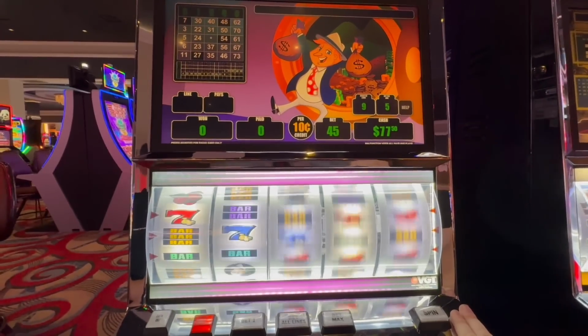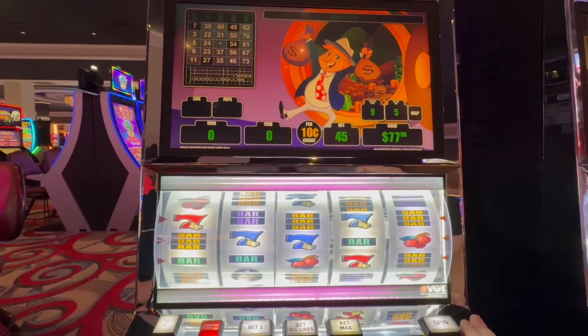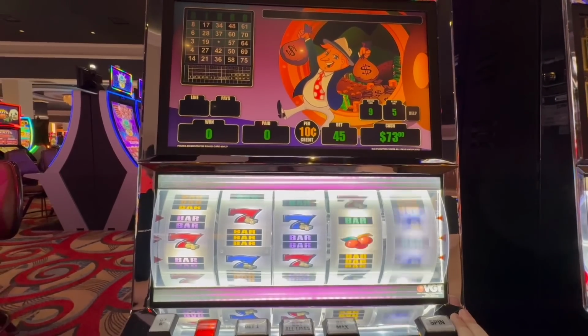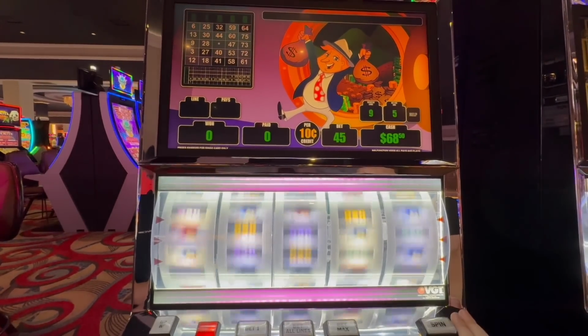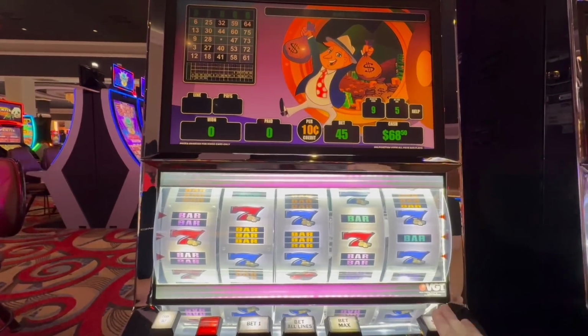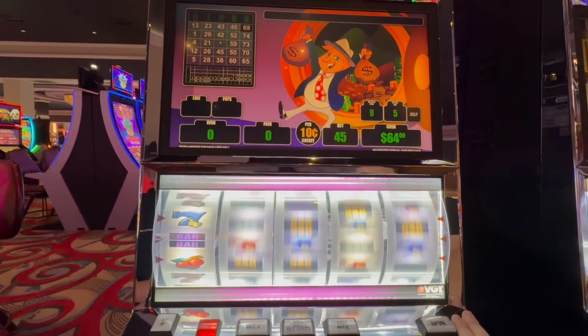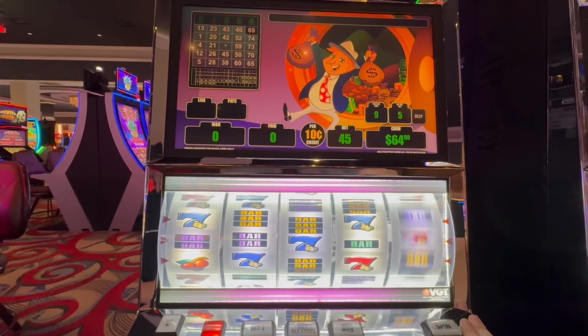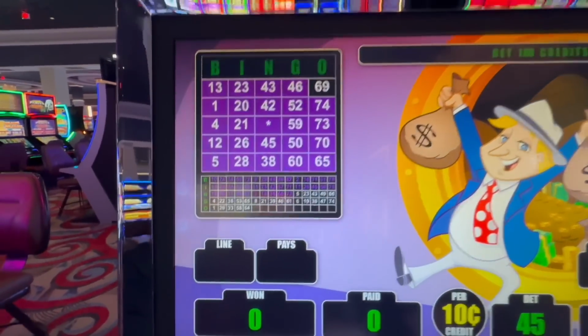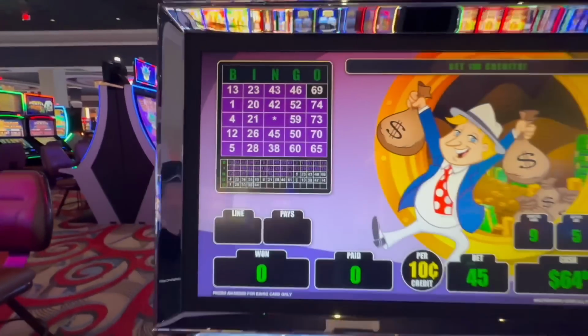Now that one looks a little better, but we still didn't connect. All right, hopefully we get a win here. Now that's a full card, and no, even when you have a card that looks like that, there's probably a lot of white numbers down there that are blocking all the different patterns.